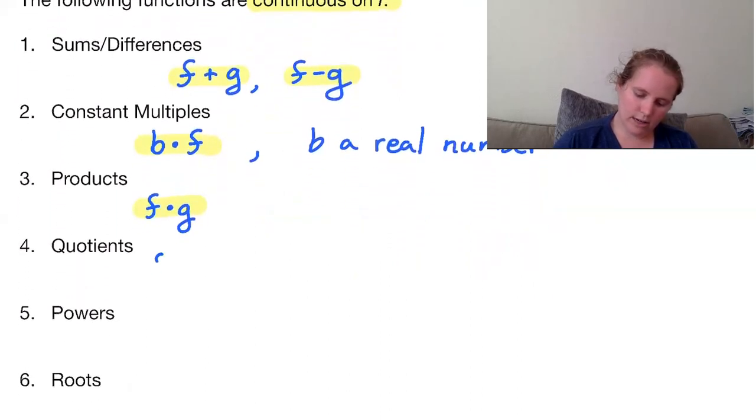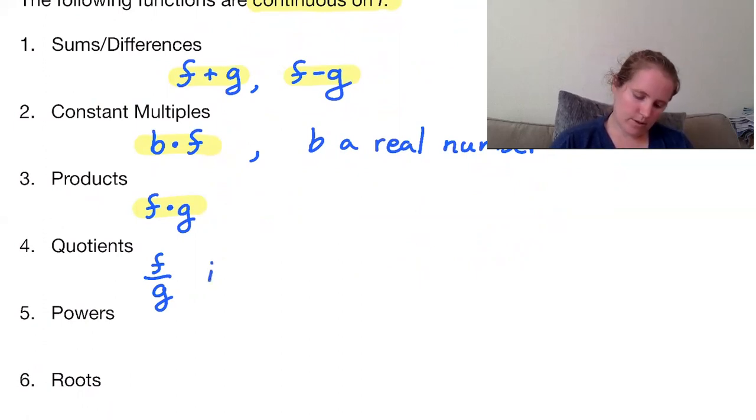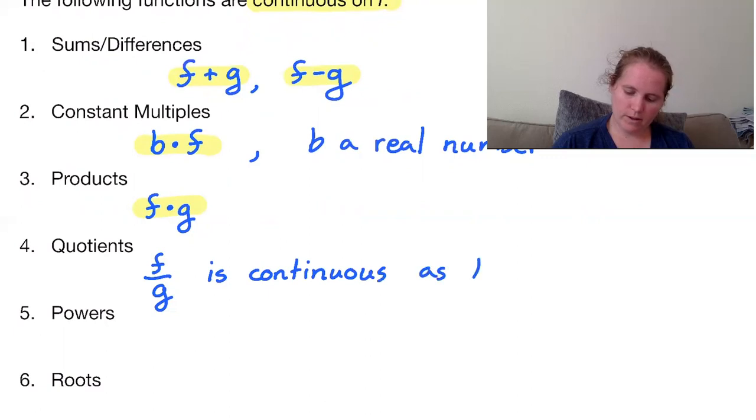Quotients, the function f divided by g is continuous as long as g of x does not equal 0.